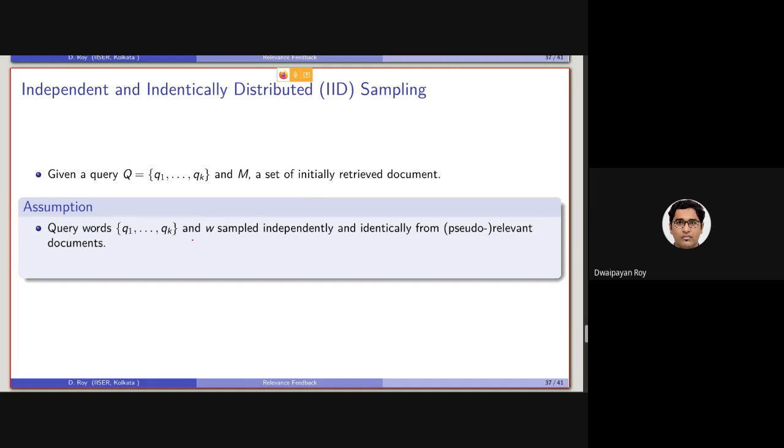We assume that if we sample individual words from this pseudo-relevant document, after performing K individual ball drawings, or query term drawings, we'll be observing these K query terms, and the K plus 1th term will be the word under consideration.